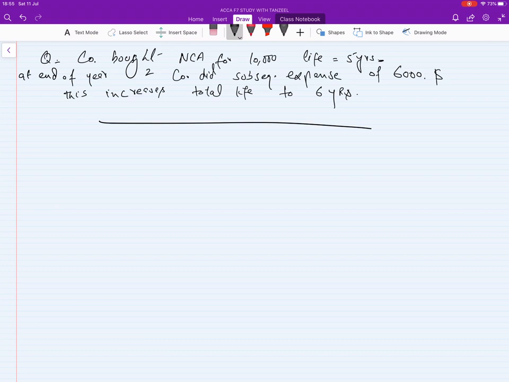This increases the life of the asset to 6 years. Previously it was 5 years, now it is 6 years, so 1 year extra. It is an economic benefit you got. Because of this expense the life has been increased, so you can capitalize this.